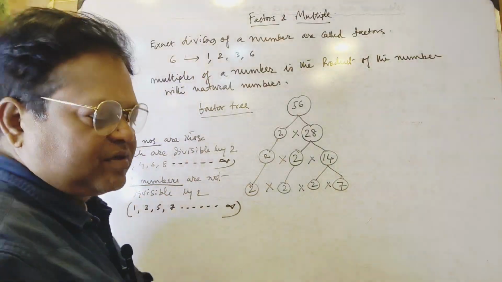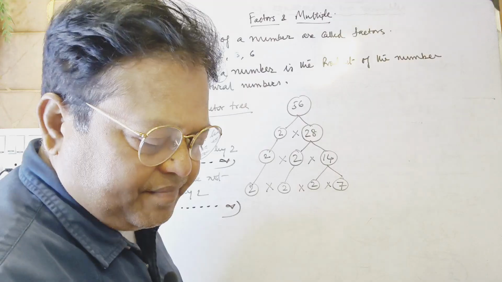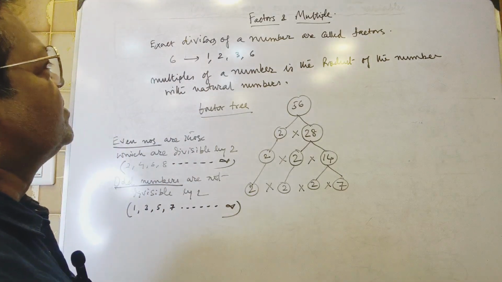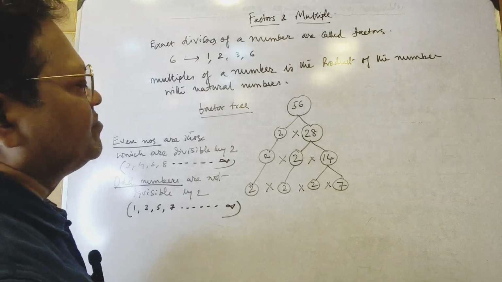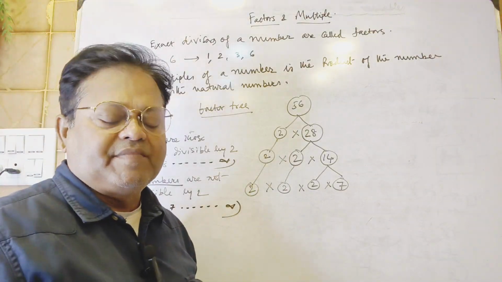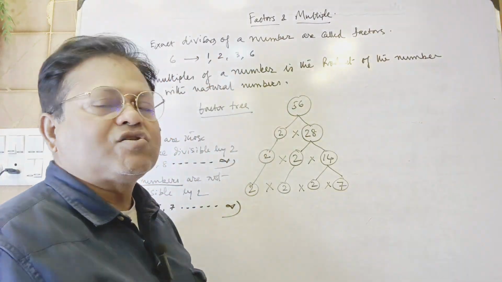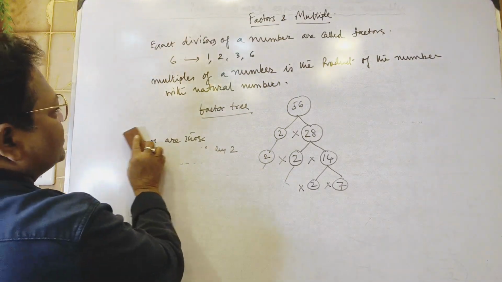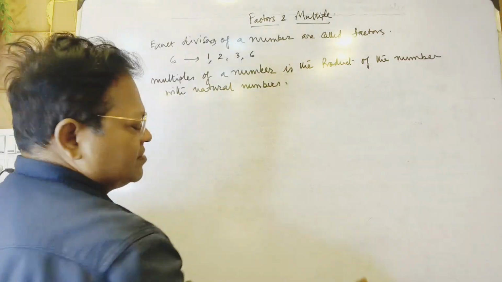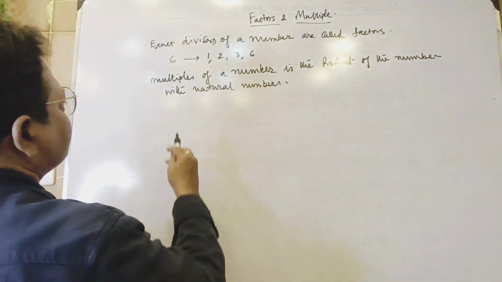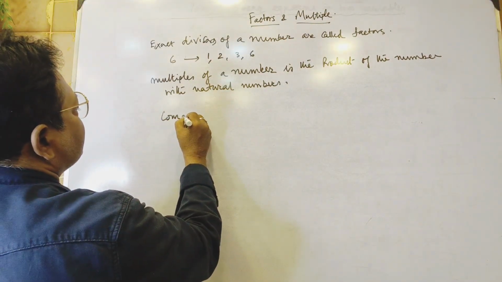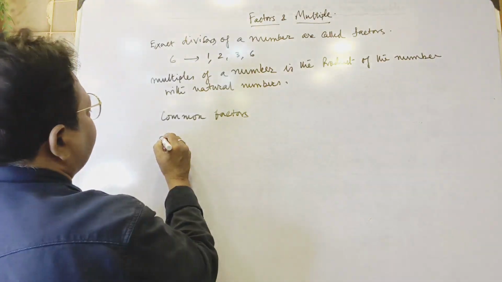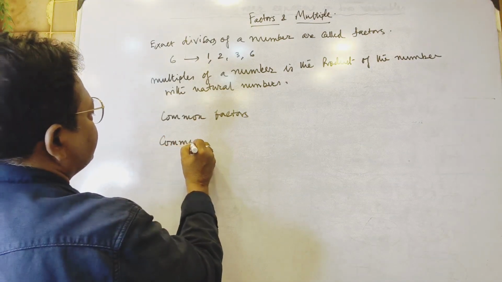I have discussed prime numbers, co-prime, prime triplets, factors, multiples, and from these we will come to the HCF and LCM. That is, what is the highest common factor, you will see it. I just erase and go to the next item, that is common factors and common multiples.